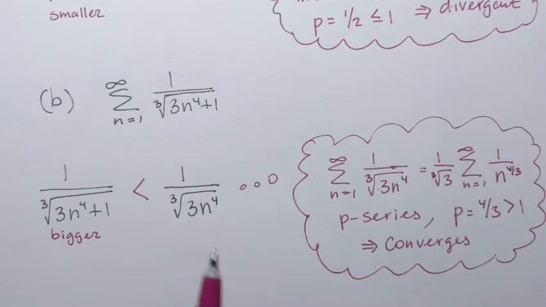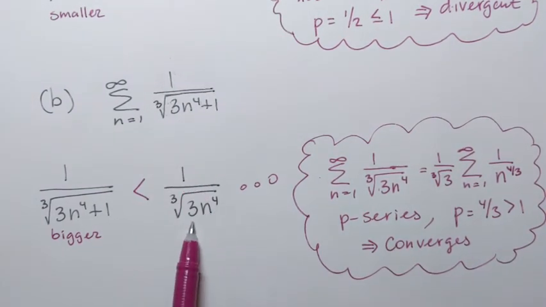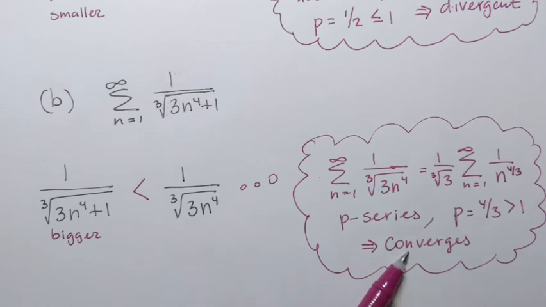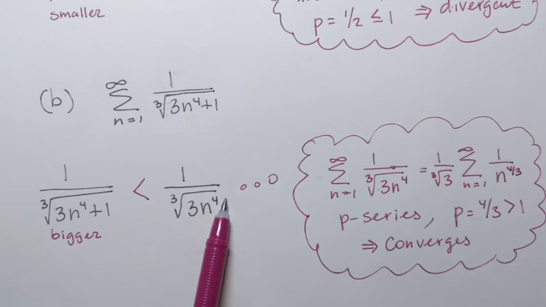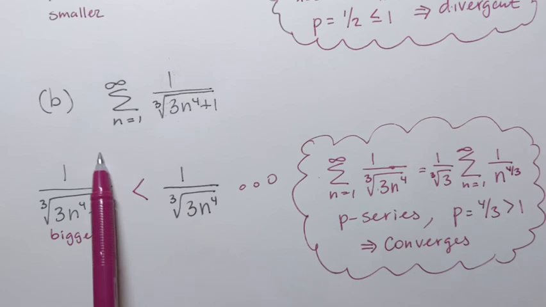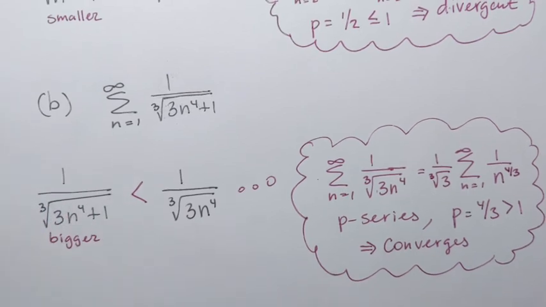What I know is that the series that has larger terms converges, so it has a finite sum, in other words. And if the series with larger terms has a finite sum, it's definitely true for the series that has smaller terms. If I add up smaller terms, they should also add up to a finite sum. So yes, in this case, we can use the comparison test.